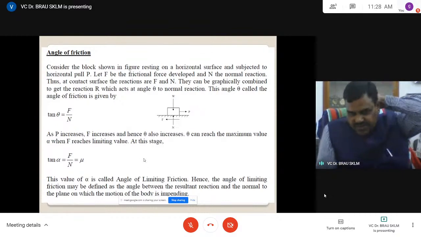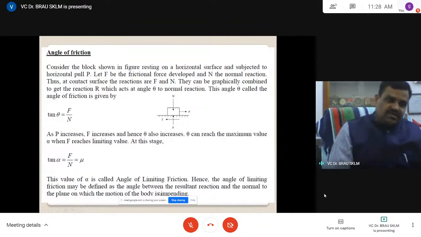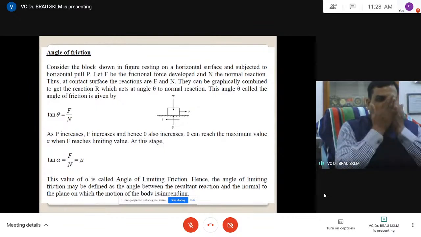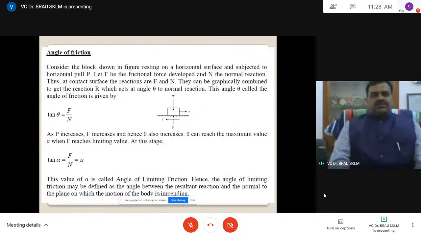The angle of limiting friction may be defined as the angle between the resultant reaction and the normal to the plane, when the motion of the body is impending. Then mu is equal to F by N, because tan alpha is equal to tan theta, theta is equal to alpha, and F is equal to mu N. This is how we generally represent the equation.